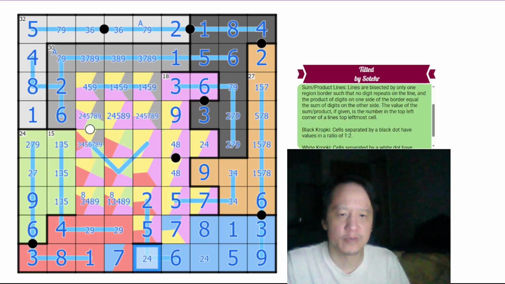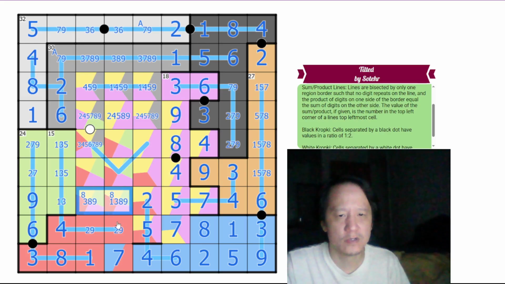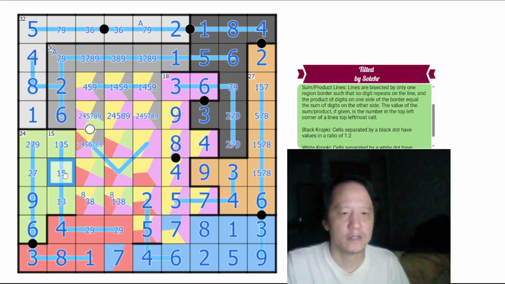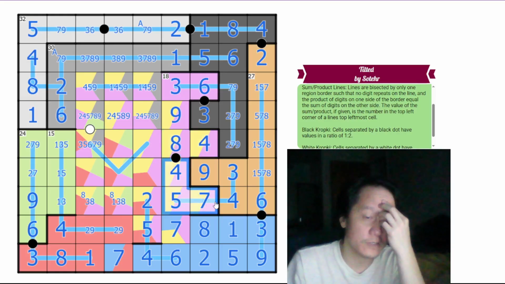That means this can't be 2, so this is 4, which makes that 2, which makes this 4, which makes that 8. 4, 3, 4. This can't be 5. These can't be 4. These can't be 9. This can't be 3. Can't be 4, 8. So these would have to be separate regions here.